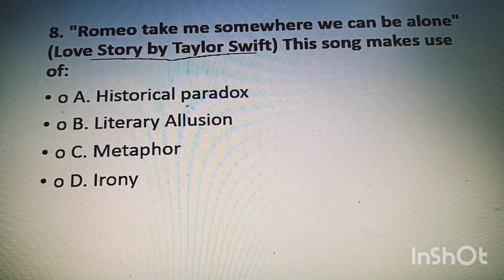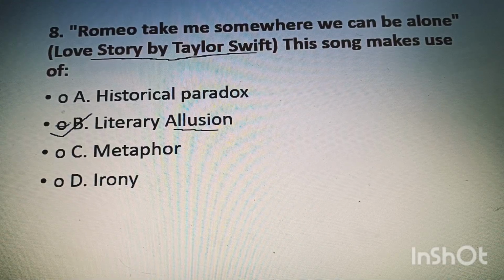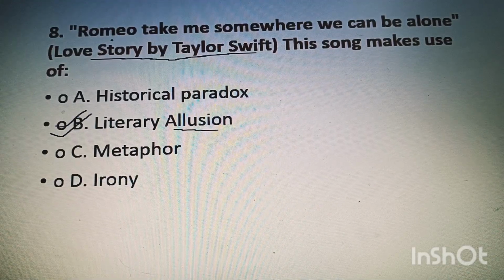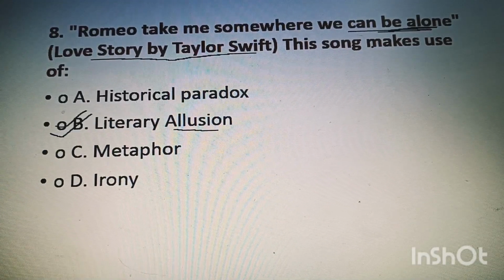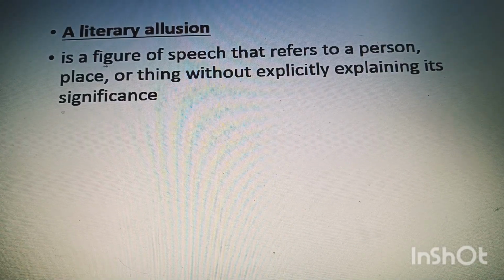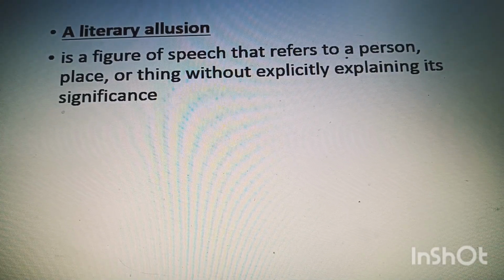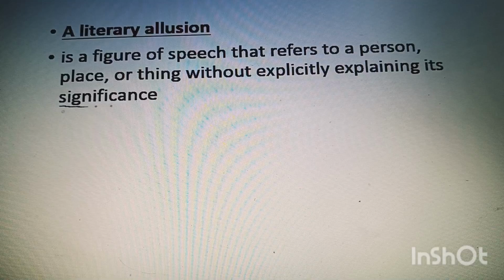And that is called literary allusion. Allusion means bhram. Romeo, take me somewhere we can be alone. So this is allusion. See the meaning? Literary allusion is a figure of speech that refers to a person, place, or thing without explicitly explaining its significance.